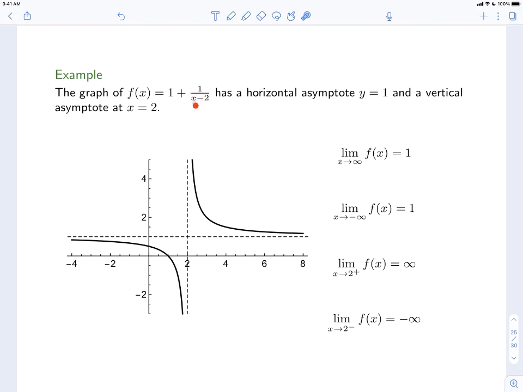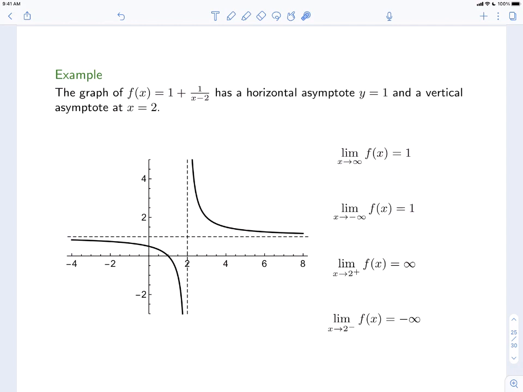So as x goes to infinity, this term becomes almost nothing. That means that as x grows arbitrarily large, the output values get closer and closer to 1. So that's why the limit as x approaches infinity of f at x is equal to 1.